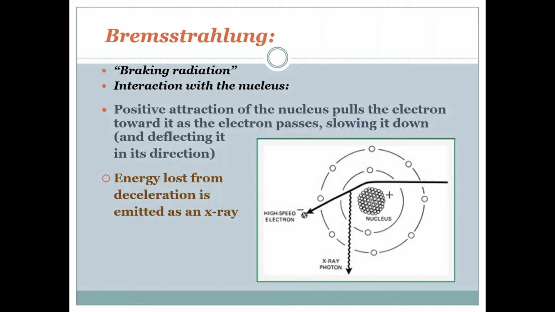When an electron slows down, as in loses kinetic energy, the amount of energy lost in kinetic is converted into electromagnetic radiation. If the electron loses enough kinetic energy in this interaction, as in if it passes close enough to the nucleus, or if the electron loses enough of its overall kinetic energy, we can produce an X-ray photon from this.